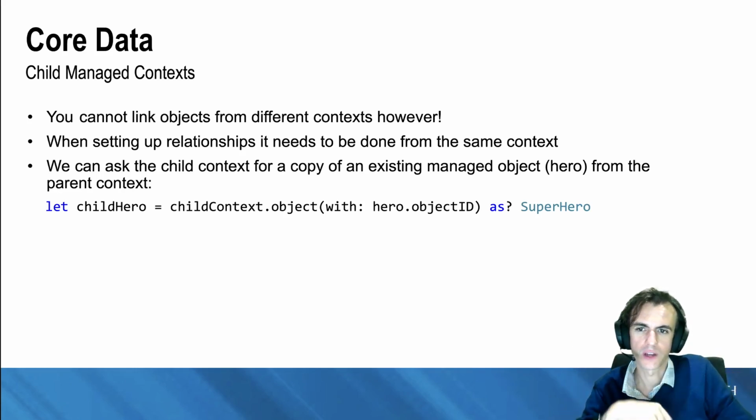And we do that by just asking the child context for an object with a particular ID, and every NSManagedObject has an object ID, so you can utilize this to then access the equivalent object from a different context. And in this case, we're just conditionally casting it to Superhero, and that's an optional. So this will return nil if it can't be cast to that, or a value if it can.